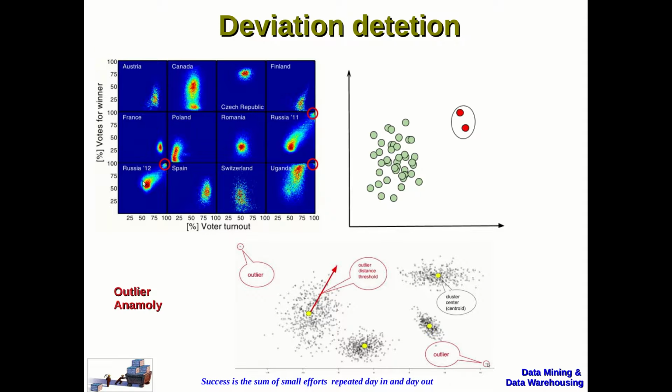Now you can see here in these areas, the red circles show the outliers or the anomalies. So that means the percentage of voter turnout here is very negligible compared to the entire data.